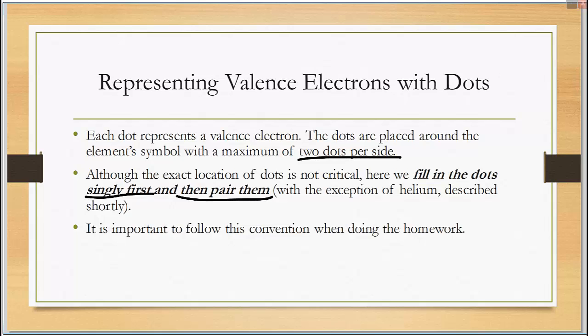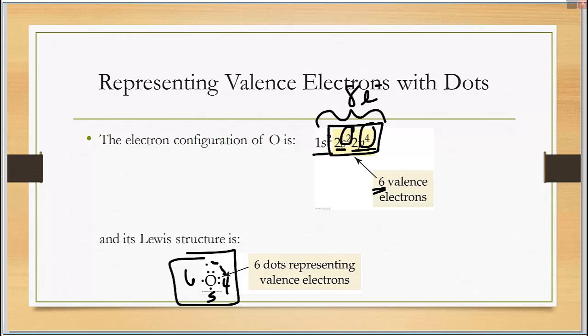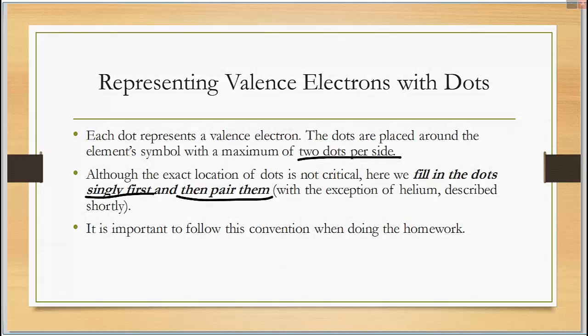So if we go back to oxygen, here's the symbol for oxygen. It has 6 dots: 1, 2, 3, 4, so there's 4 there, 5, 6. You go around 4 times and then you pair them up. It is important to follow this convention when doing the homework.